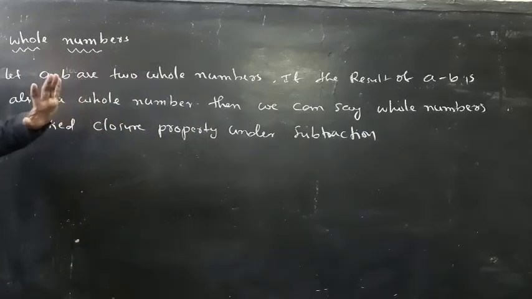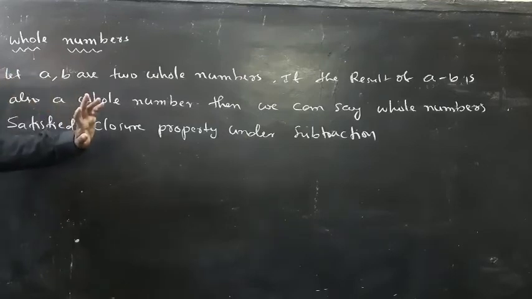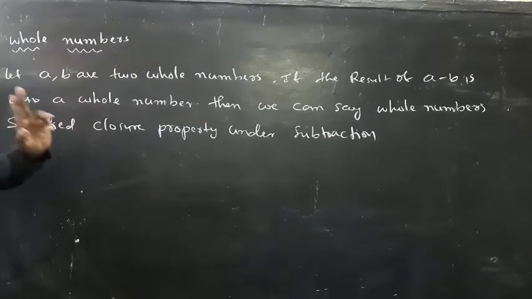If the result of A minus B is also a whole number, then we can say whole numbers satisfy closure property under subtraction.